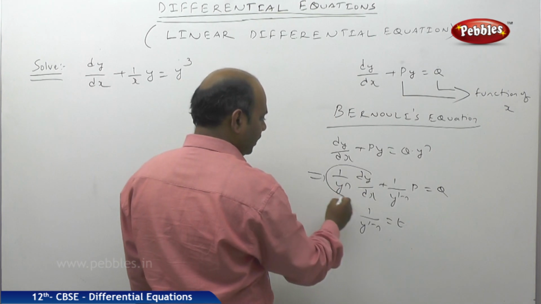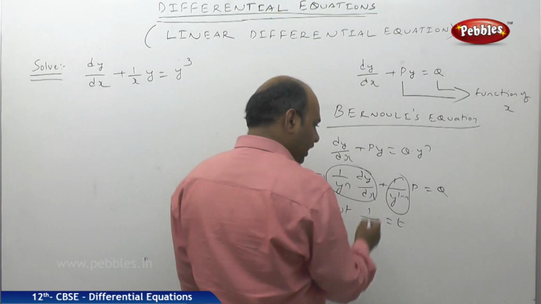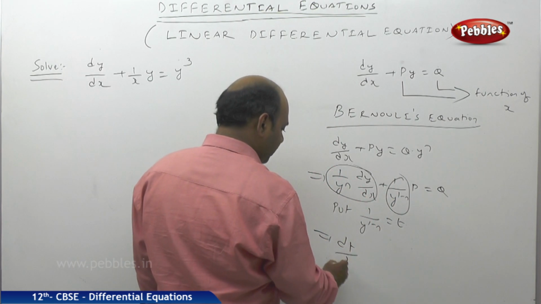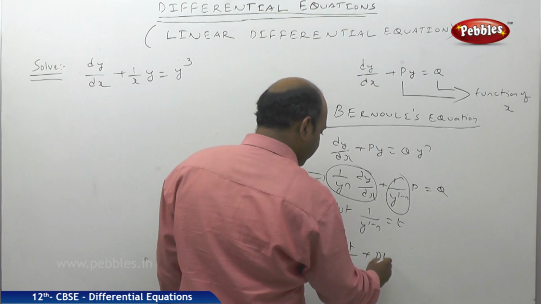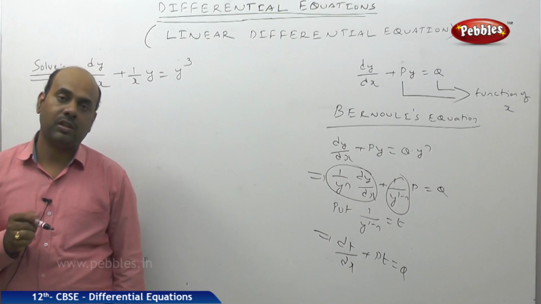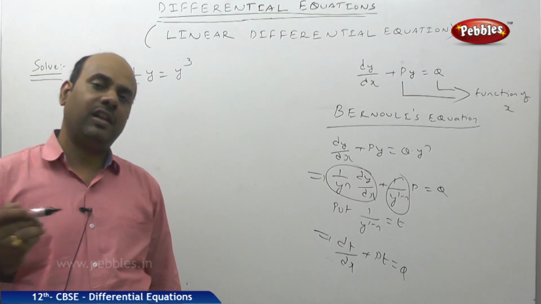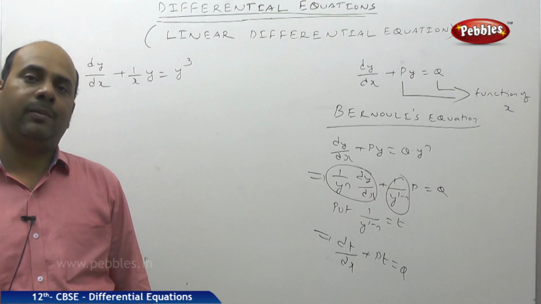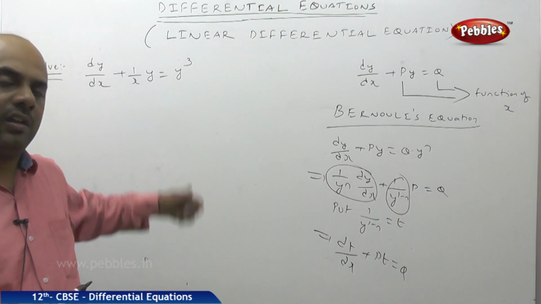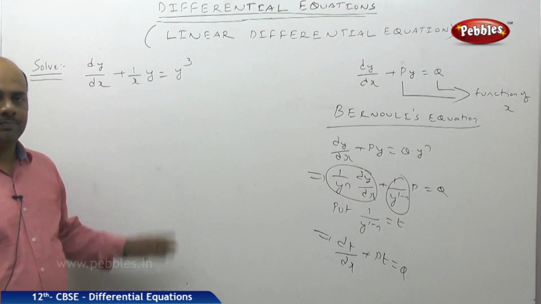So this whole thing turns into dt/dx, and this turns into t, and finally the differential equation turns into dt/dx + Pt = Q. That means the differential equation has been turned into a linear differential equation, and we have done a lot of problems on linear differential equations in our previous classes. According to that, we need to solve the problem.